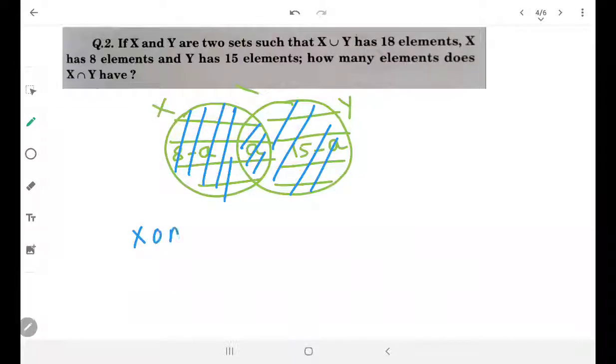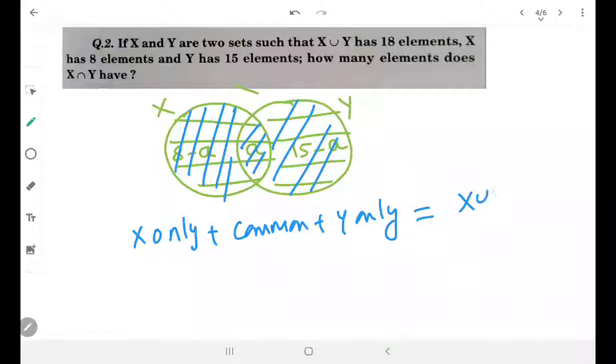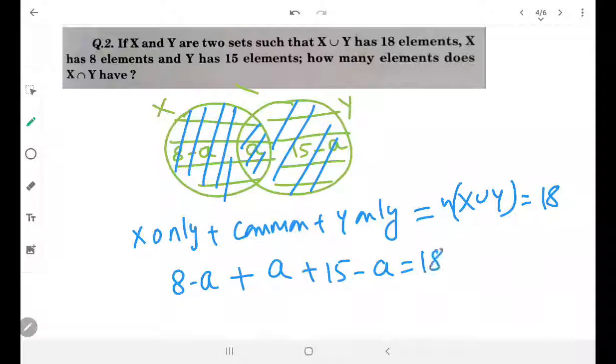X only plus common plus y only is equivalent to x union y elements, and that is 18. So 8 minus a plus 15 minus a is equivalent to 18.